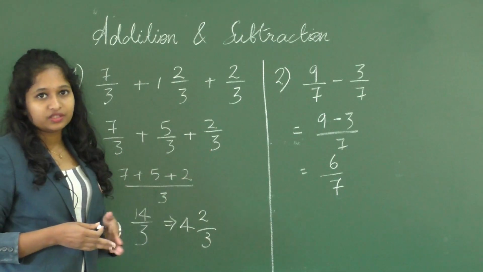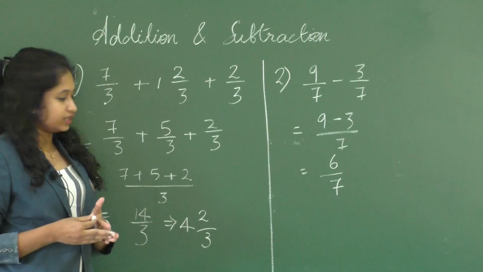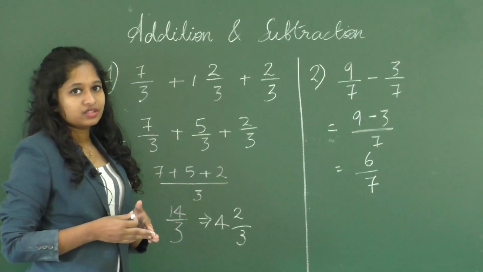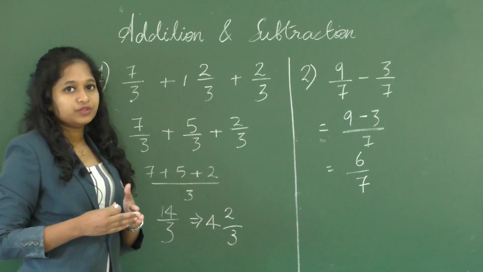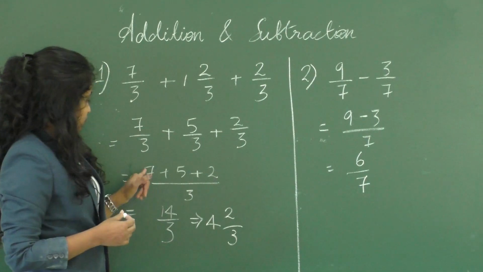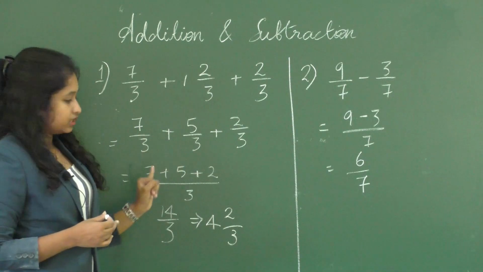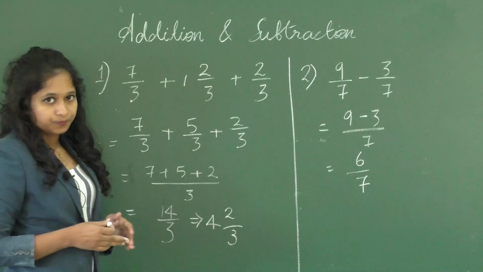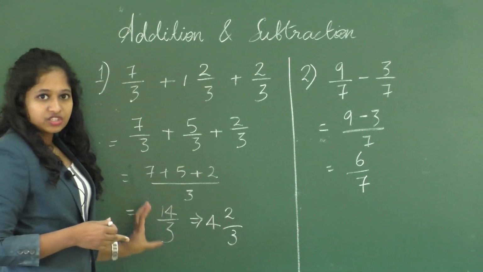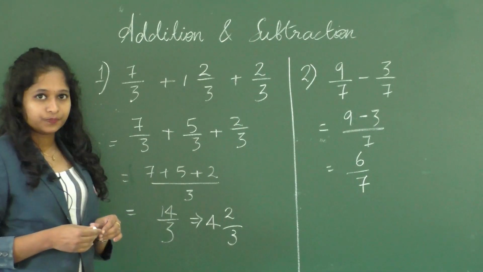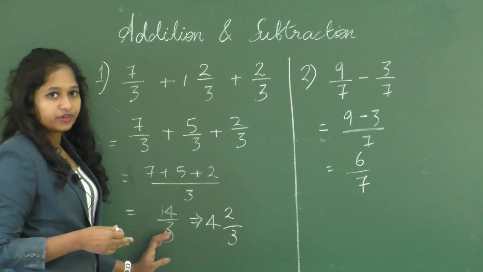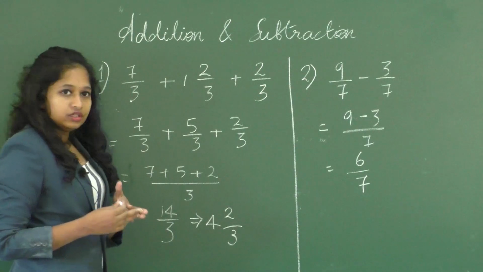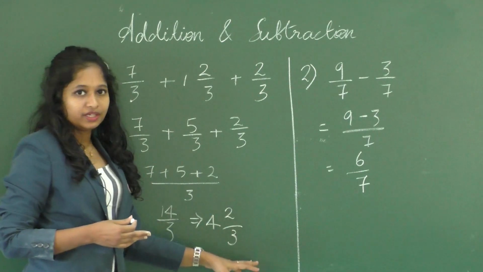Now all the denominators are same, so we can add the numerators and put the same denominator for all. So when you add 7 plus 5 plus 2, you get 14. So the fraction is 14 by 3. Now when you convert this 14 by 3 to mixed form, it becomes 4 2 by 3.